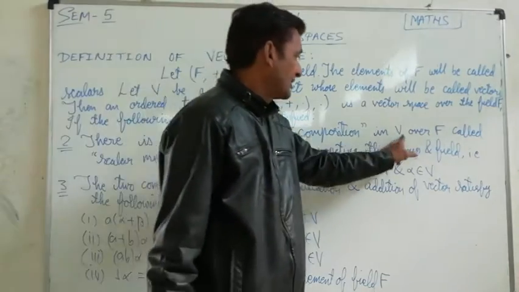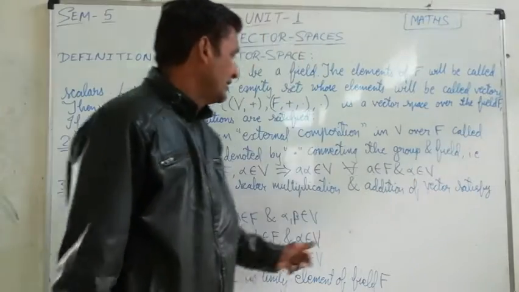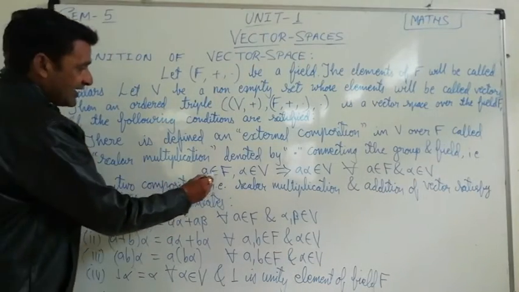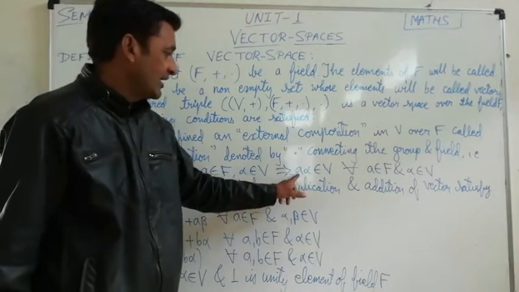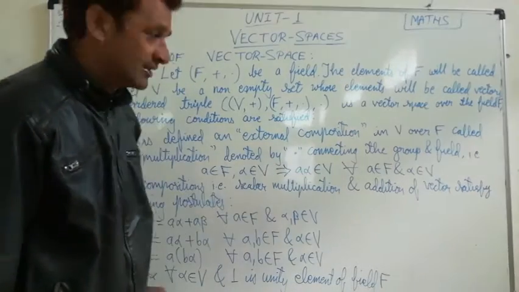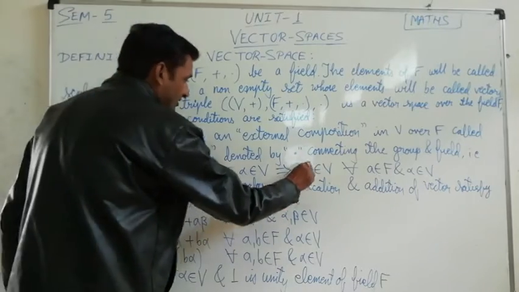This is the group and this one is the field. That is, if A is an element of F and alpha is an element of V, it implies that A alpha is an element of V. This is called the external composition.